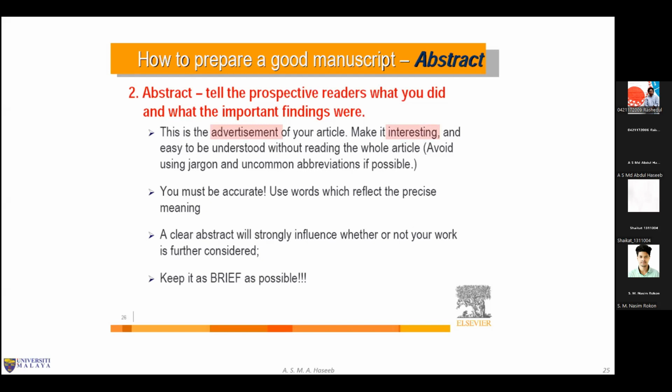So it must be interesting to the reader. Otherwise, the reader will not go into any detail. It has to be accurate to show the content, and it has to be as brief as possible, because if it is too lengthy, then people may lose interest and go to another paper. So these are the few things that you need to keep in mind when you design and write your abstract.